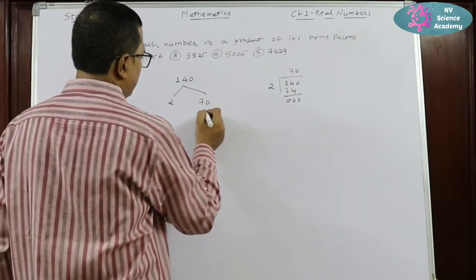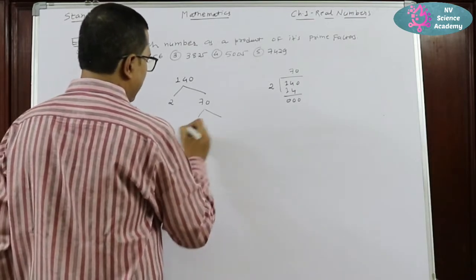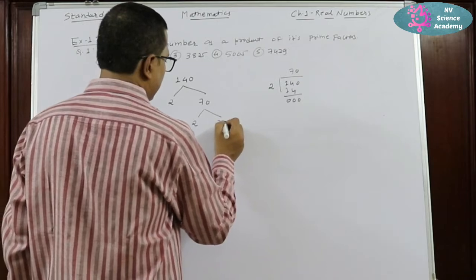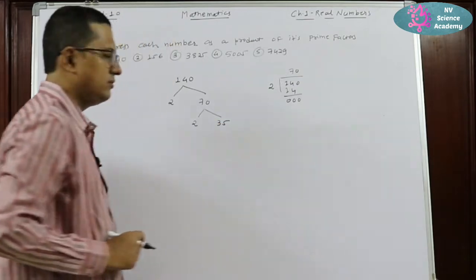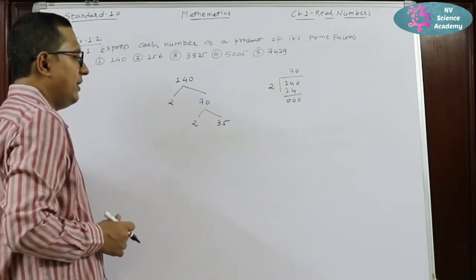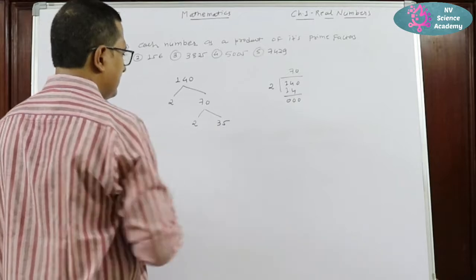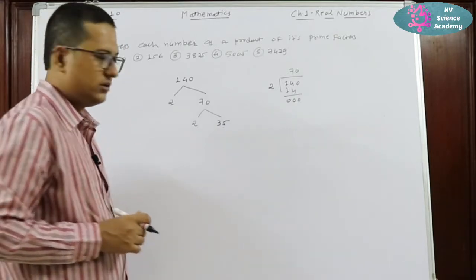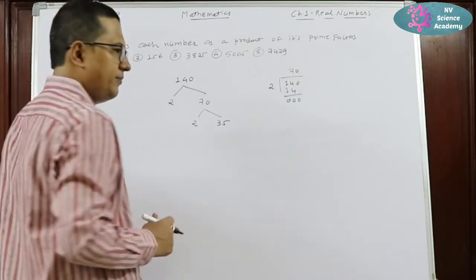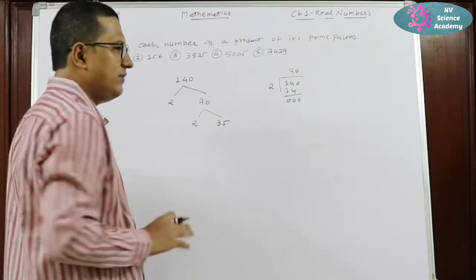Now 70 is again an even number, so again I will divide it by 2, so the answer will be 35. Now 35 is not an even number, it is an odd number, so either I can divide it by 3 or by 5. First of all, I will check whether I can divide it by 3 or not. If the sum of the digits is divisible by 3, then the number will be divisible by 3.